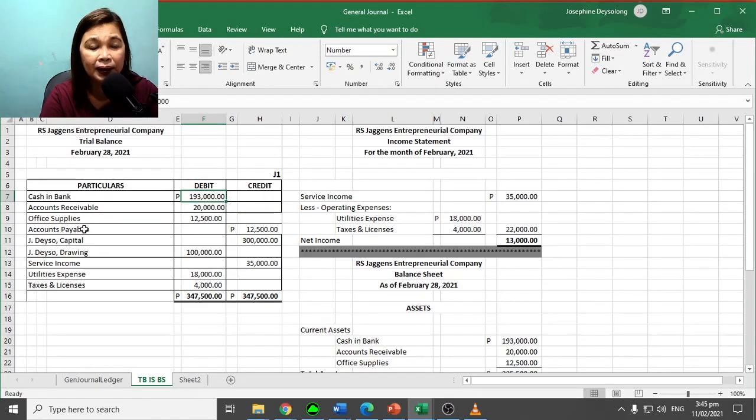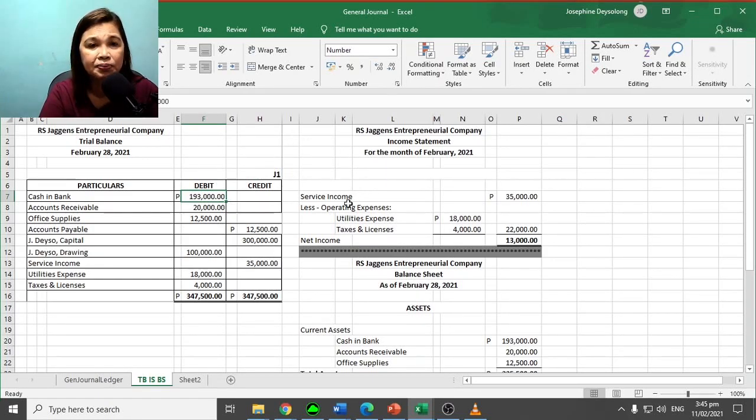Then I have here my liabilities, accounts payable, of course, liability. Capital and owner's equity. I have here my credit side and my drawing. I have to show my capital, which is 300,000. I should not deduct it immediately, but I have to show the capital and the drawing. Then service income has credit side, and again, expenses here have debit side. Now let's proceed to the income statement.